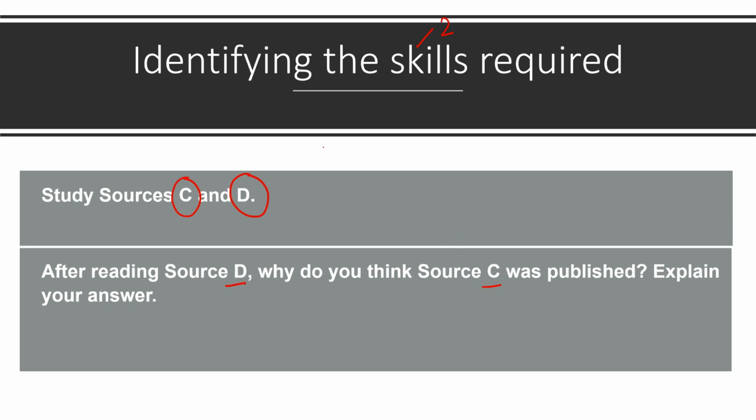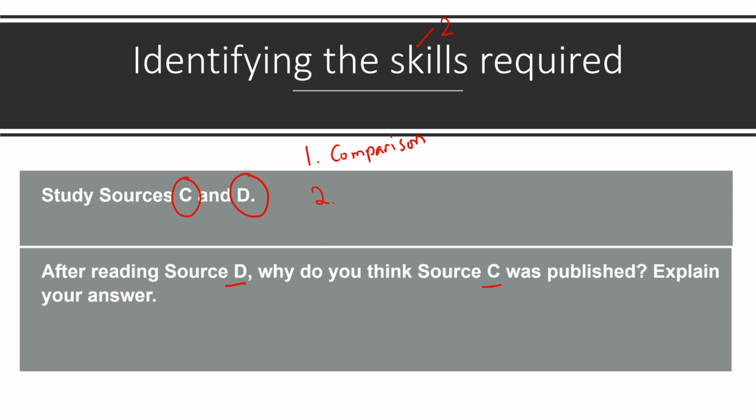Because we are required to deal with two sources, the first skill set that you will definitely be required to use is comparison, or the fact that you will definitely have to compare sources C and D in some manner, which we'll explain later.